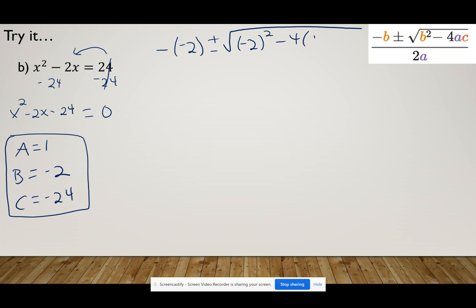A is 1. And our C is negative 24. All over 2 times our A value, which is 1. Okay, so I have 5 sets of parentheses because I have 5 letters in my equation. Okay, so let's go through and see if we can simplify.